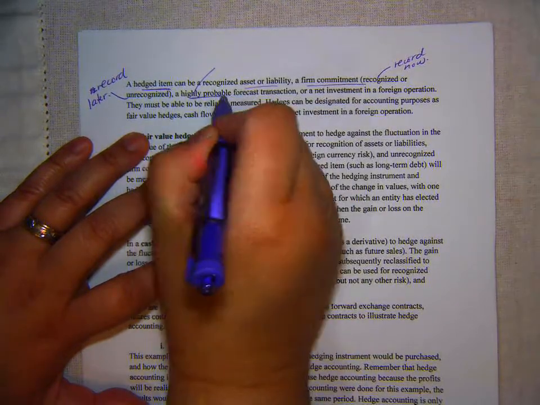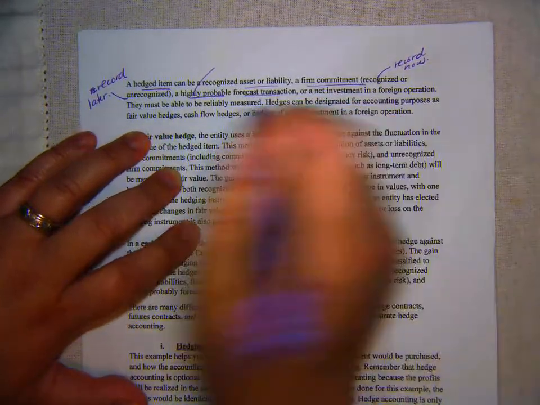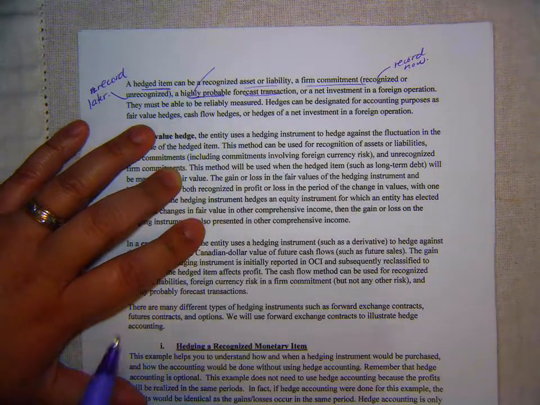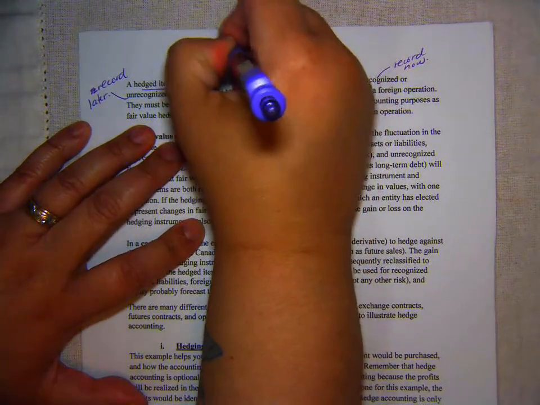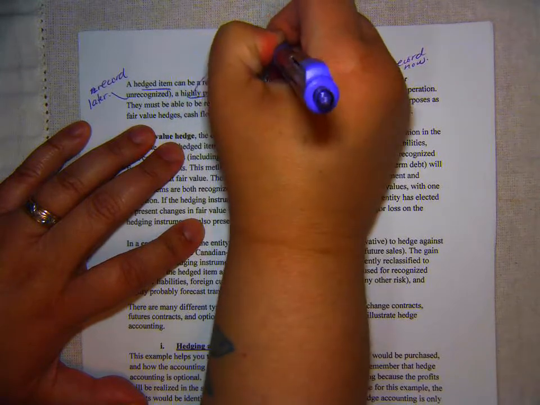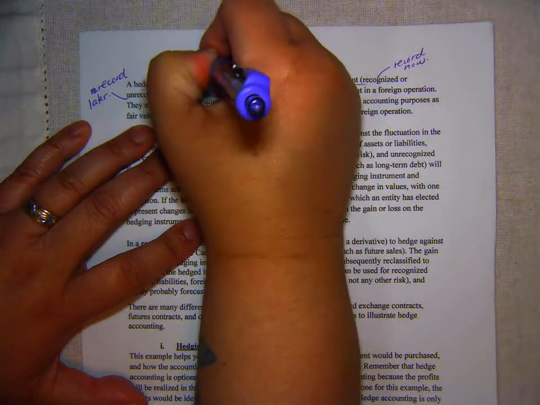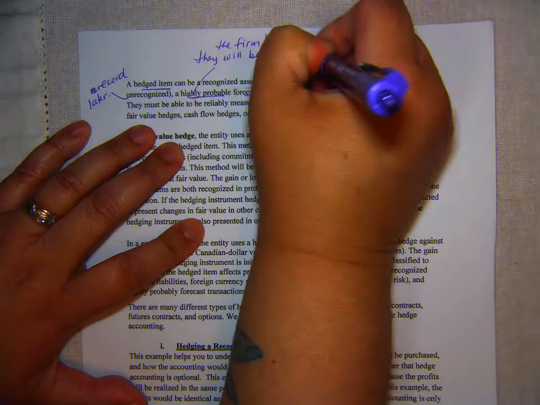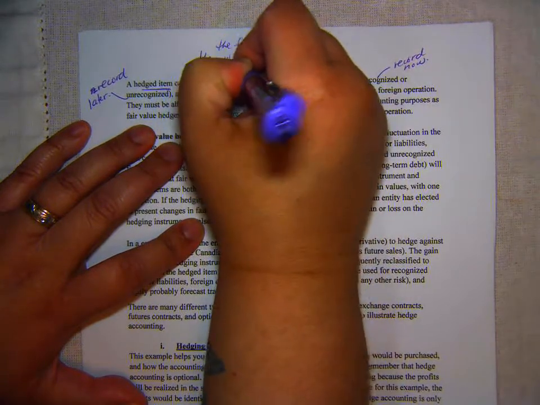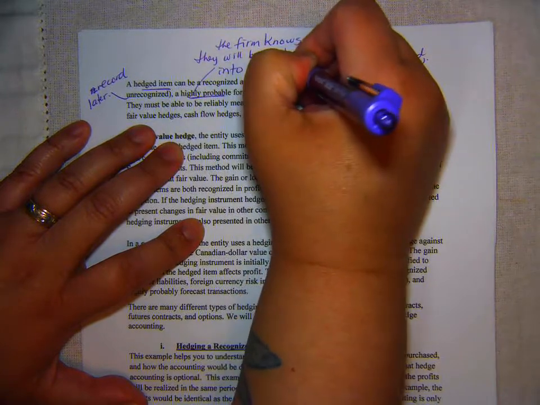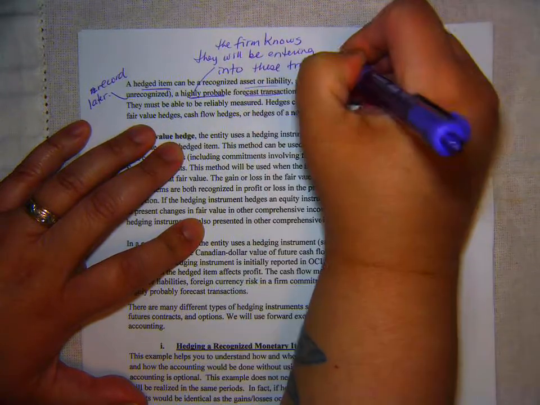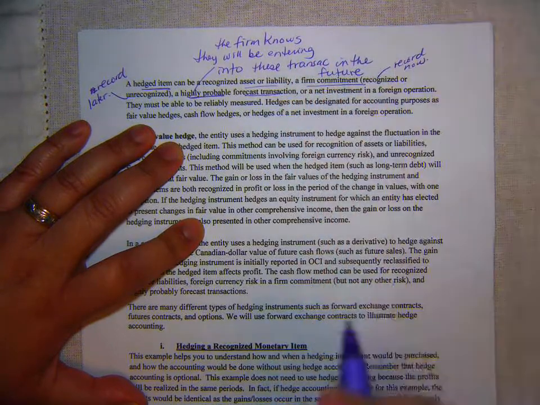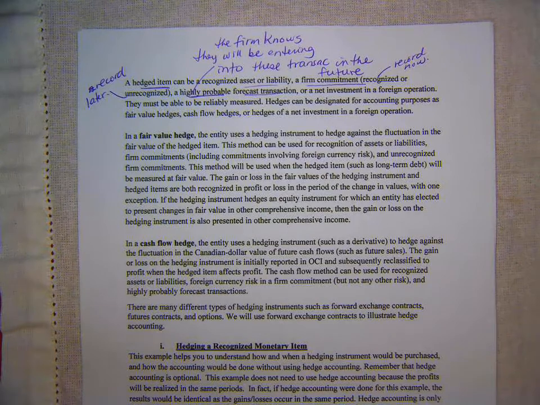So the firm knows they will be entering into these transactions in the future. Or it could be a net investment for operations. We're not going to worry too much about that one.